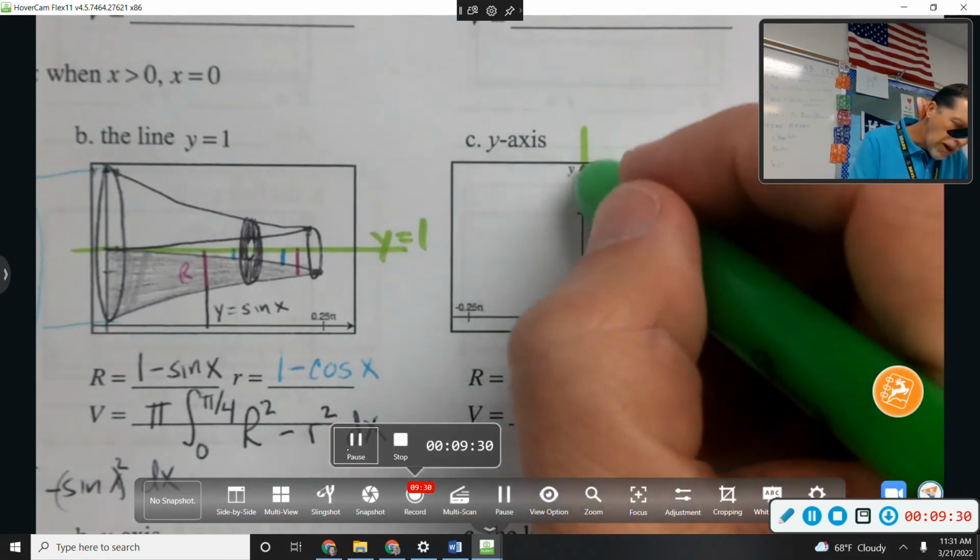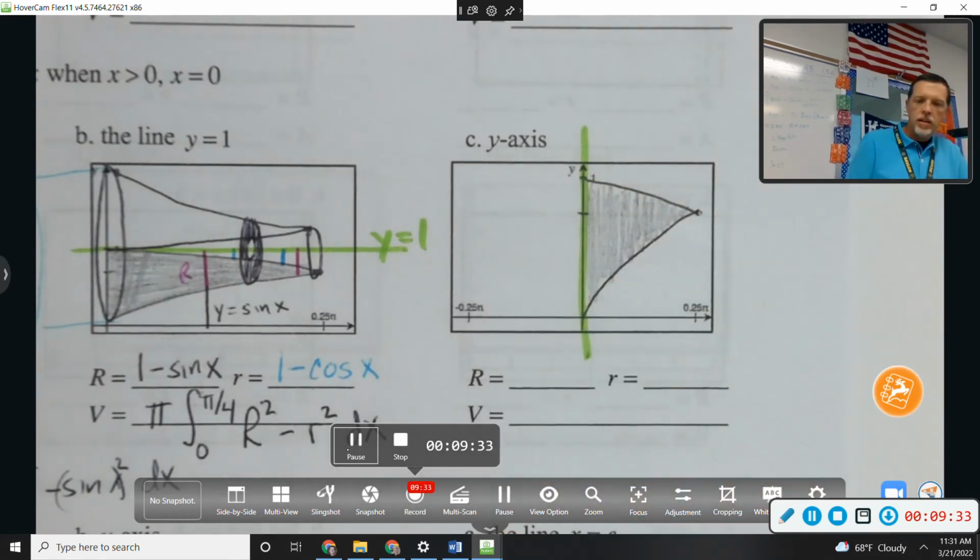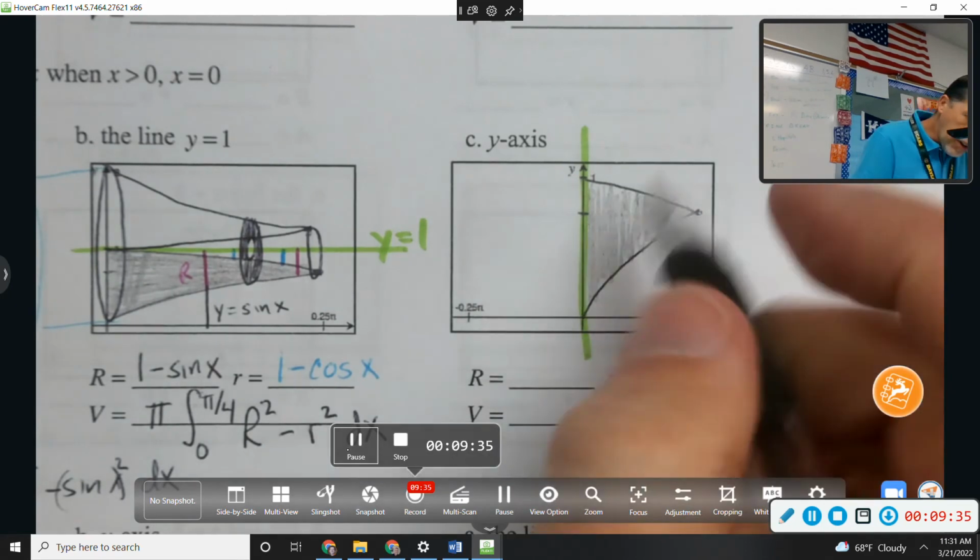Rotate around the y-axis. So let's draw the picture onto the other side.